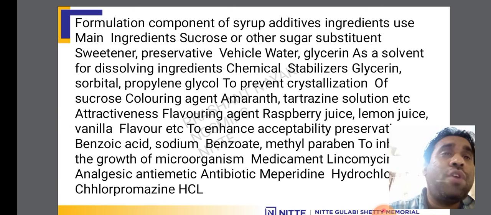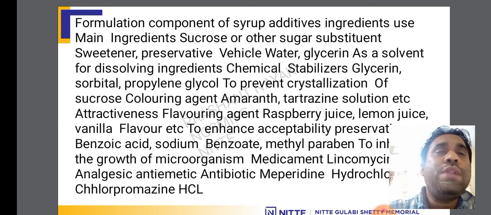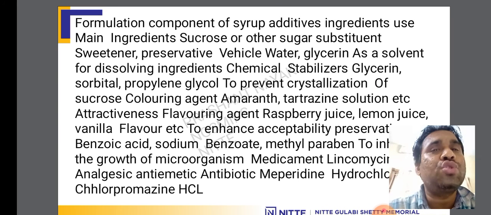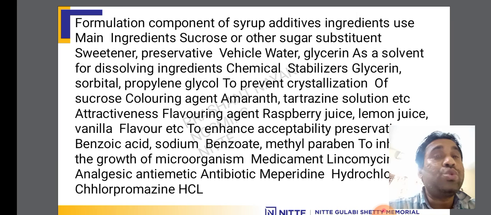Now coming to the formulation. Formulation components of syrup: the main ingredient is sucrose or any other sugar substitute, sweetener, preservative, vehicle.